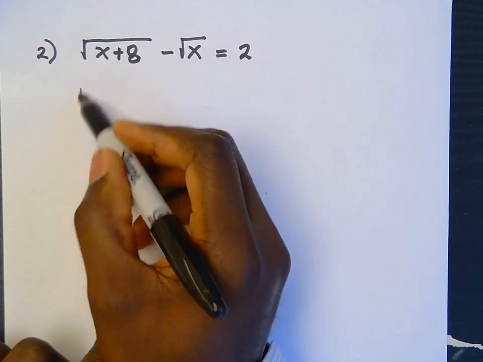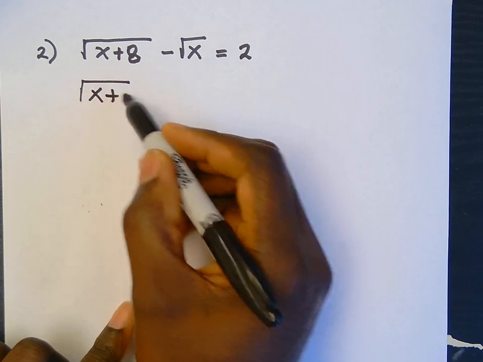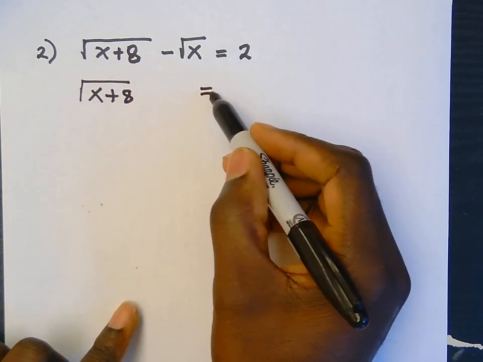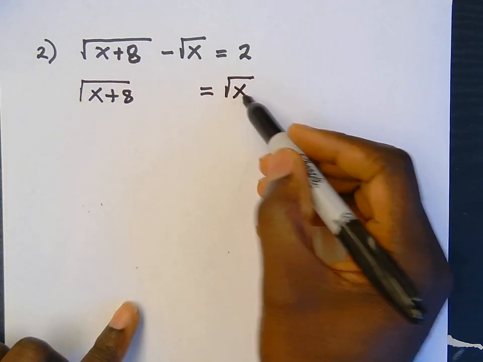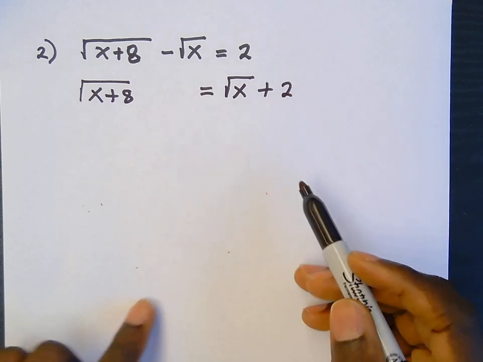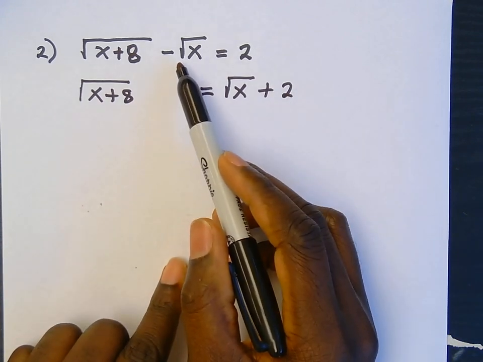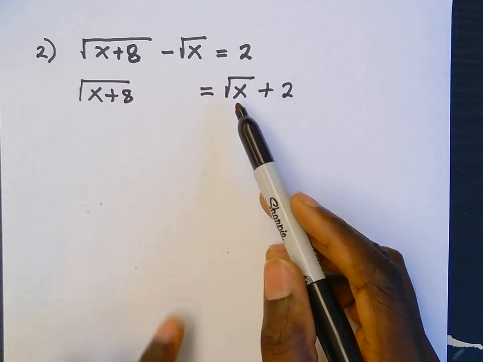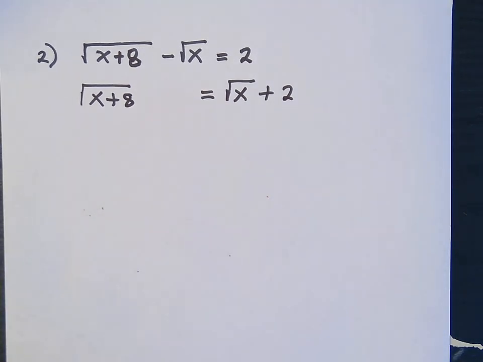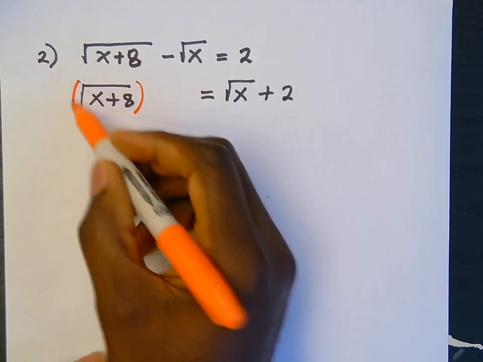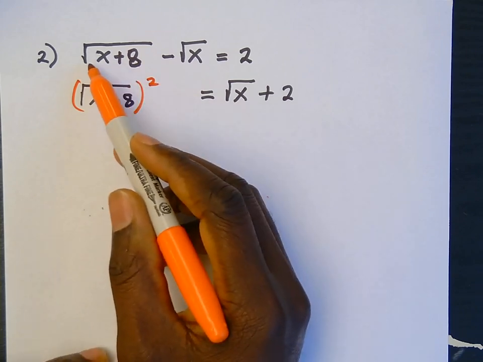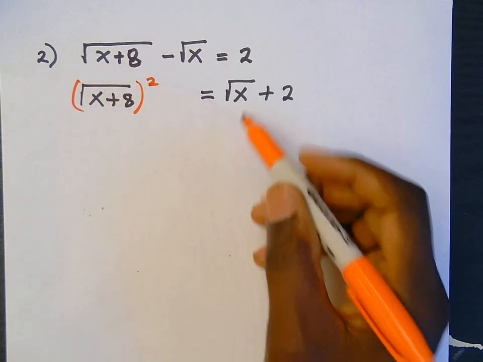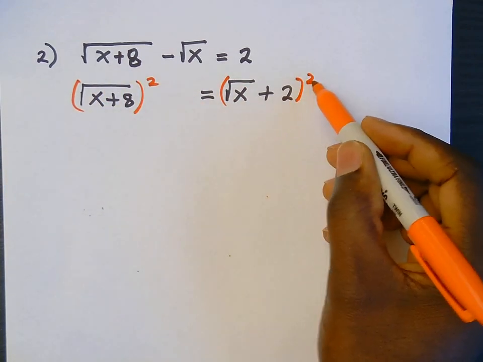So I have the square root of x plus 8 on the left hand side equals the square root of x plus 2. Remember, the square root of x was negative, so when I move it to the other side, it becomes positive. So now I can square both sides. Remember, this is a square root, so the inverse operation will be squaring.